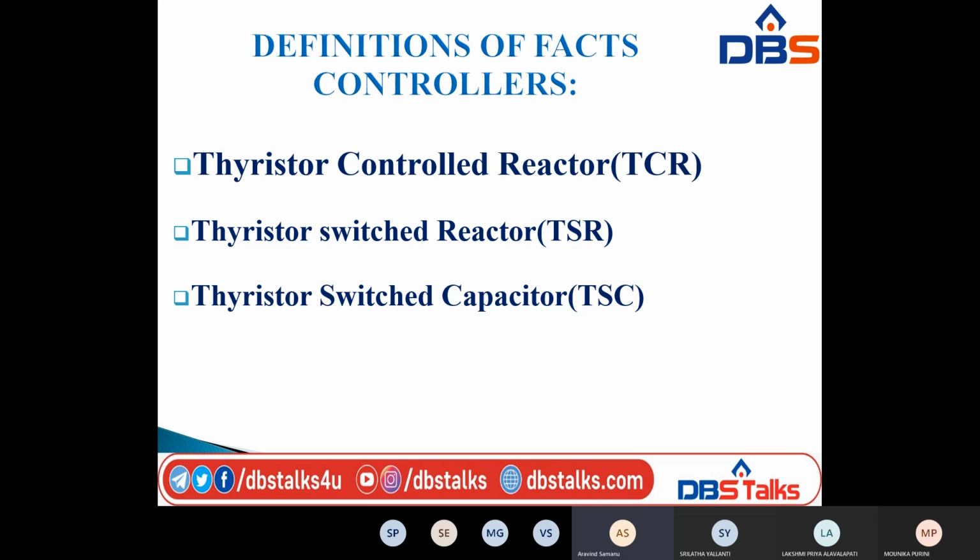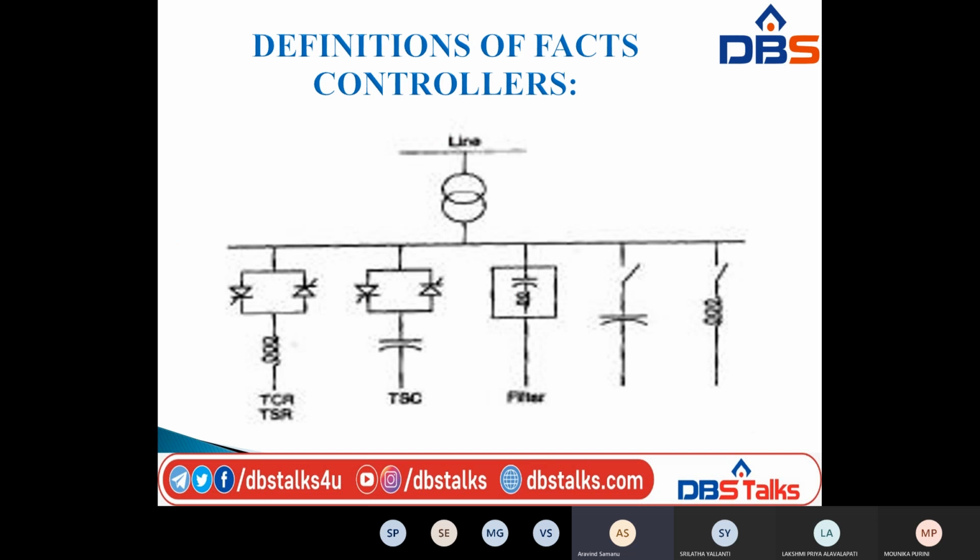If you see this first diagram, TCR and TSR, we have one inductor, and two thyristors in parallel connection, that is the shunt connection. So two thyristors are in parallel connection, and one inductor or reactor. This one is the thyristor controlled reactor.